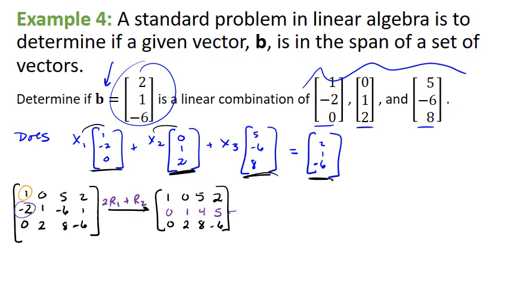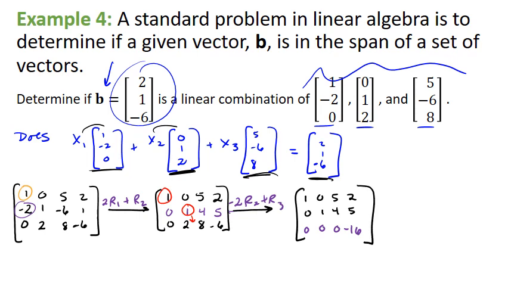Now I notice I have a second pivot, and I have a 0 above it. Now I need to make sure I have a 0 below it. To make that happen, I'm going to take -2 times row 2 and add it to row 3 to get my new row 3. So rows 1 and 2 remain the same, but row 3 will become 0, 0, 0, -16.